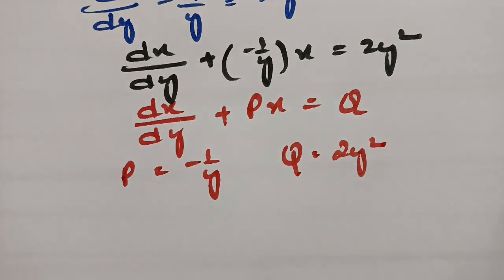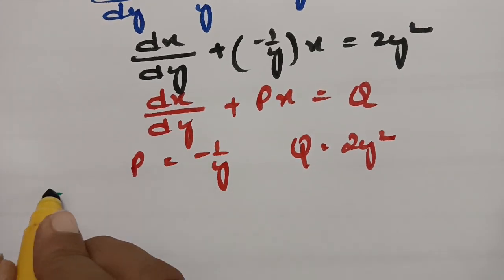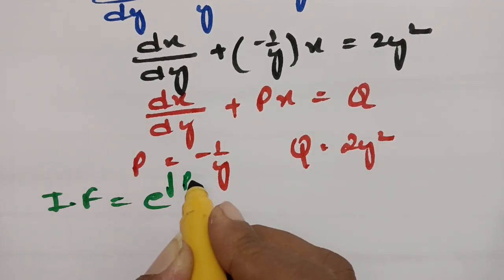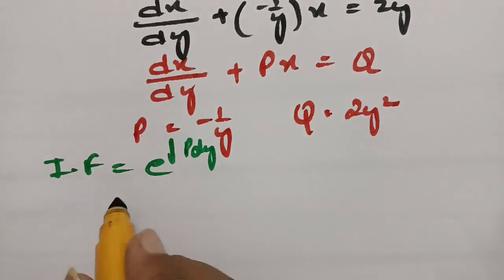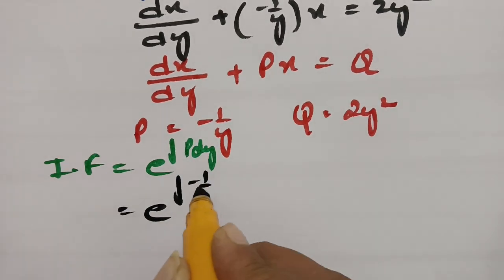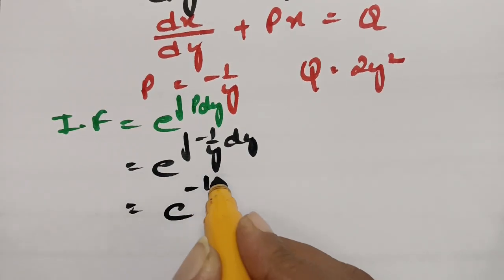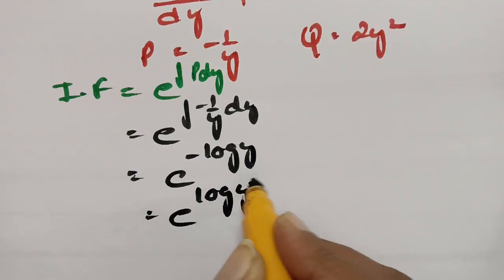Now, in order to find the integrating factor here, the integrating factor value is equal to e power integral p into dy. So if I substitute the value, e power integral minus 1 by y dy, this value is e power minus log y, which is equal to e power log y inverse.